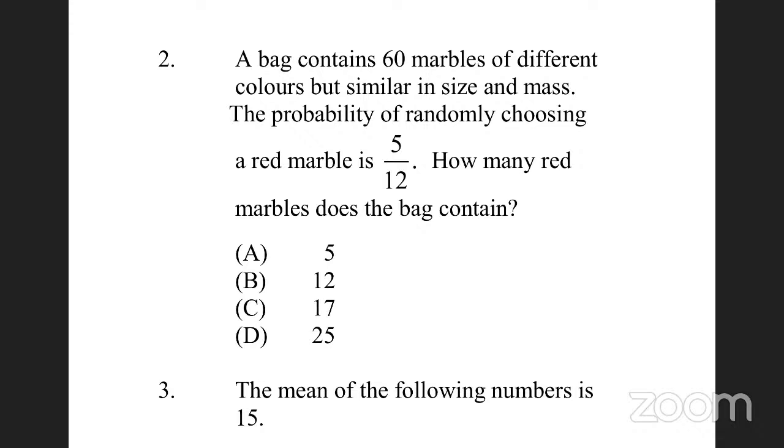So the probability is 5 on 12, so it's 5 on 12 by 60. 5 on 12 multiplied by 60. That's 5 times 5. The answer is 25. No calculator. Do it mentally, Ishana.